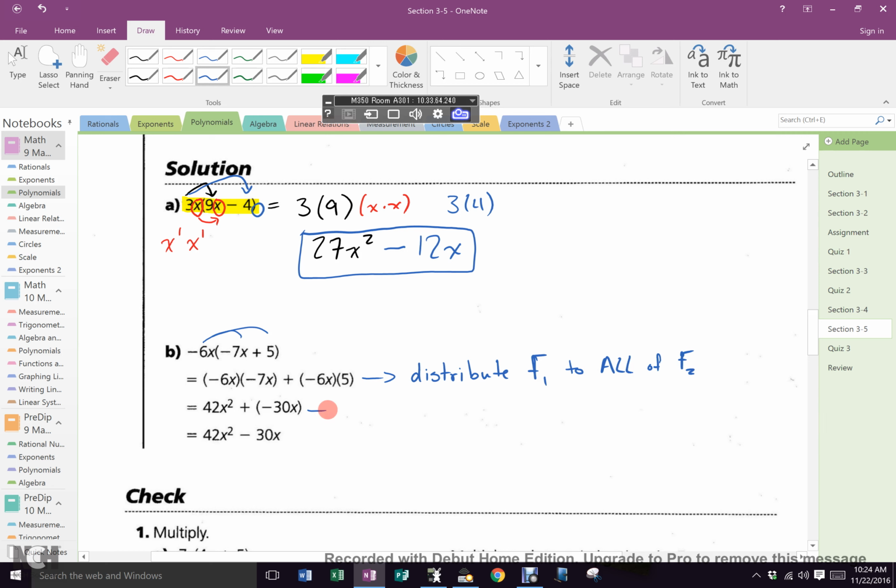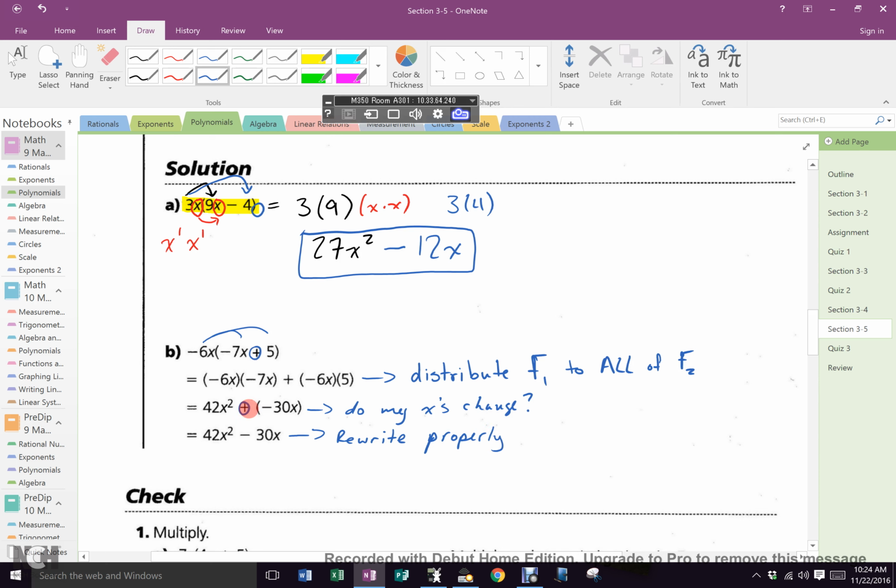Then I check. Do my x's change? And then I rewrite. Because this was a plus, wasn't it?